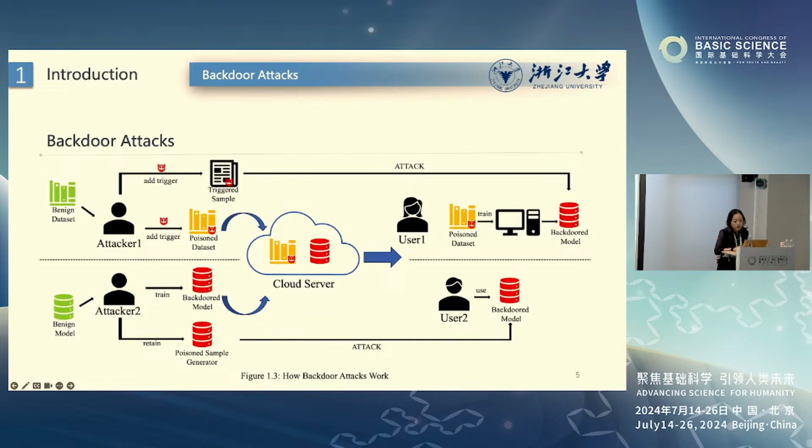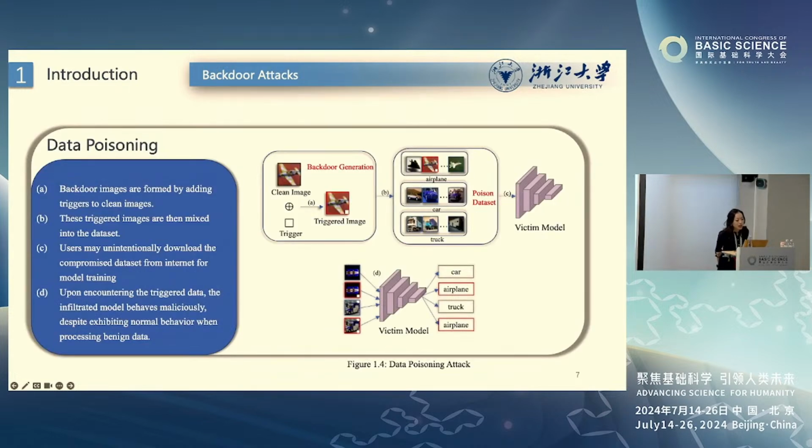The second user takes the model from the server, and the attacker points, we can see the figure, and this triggers this mix the data set and make the compromise this model.